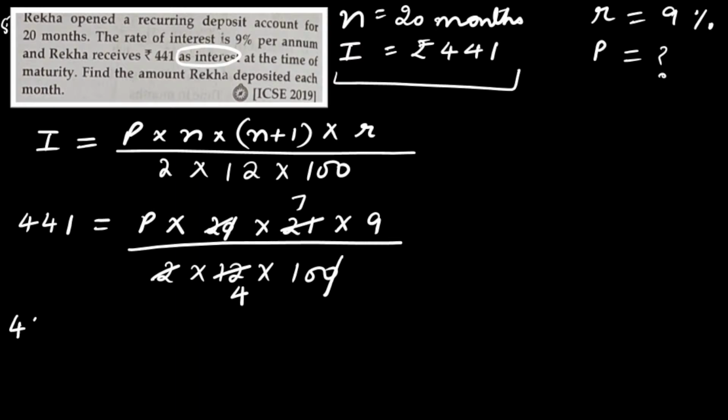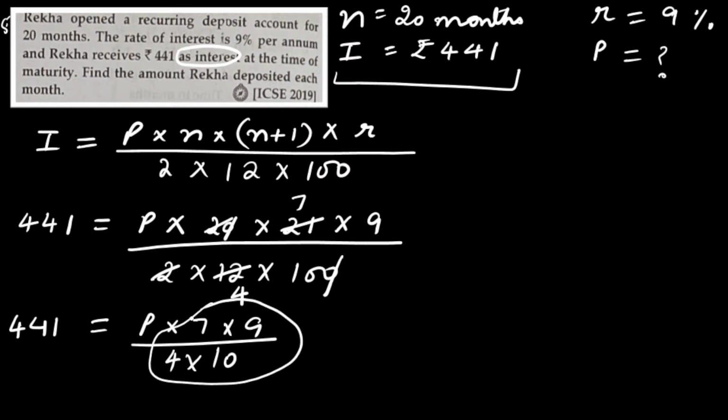So I'll just rewrite whatever I've gotten here. 441 is equal to P into 7 into 9 by 4 into 10. So let's shift these 4 and 10 to the other side. Other than P, whatever is there we can shift to the other side.